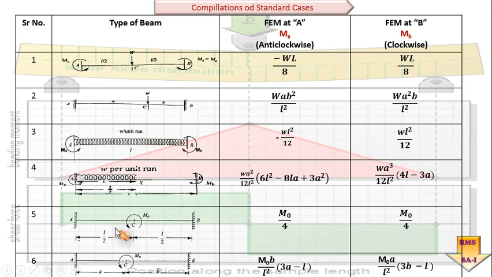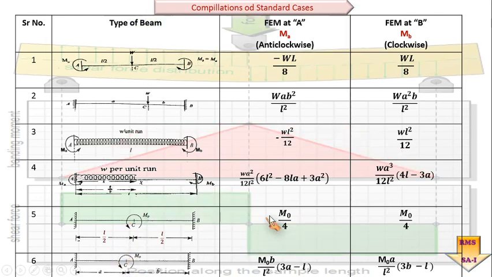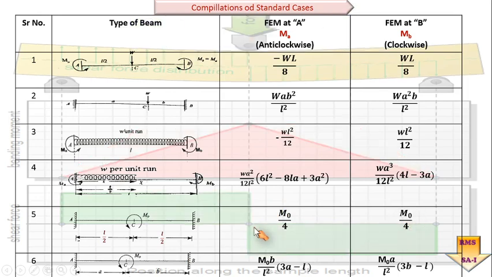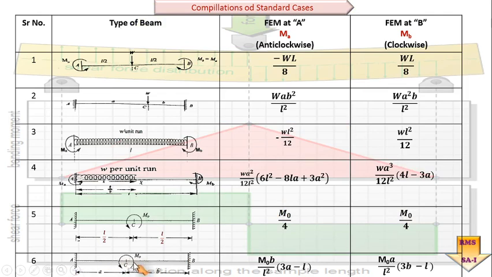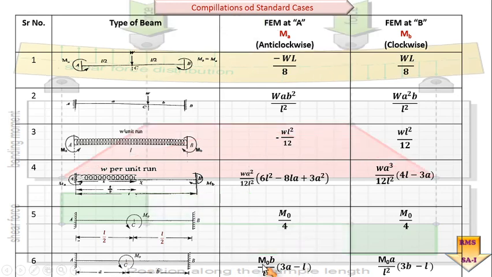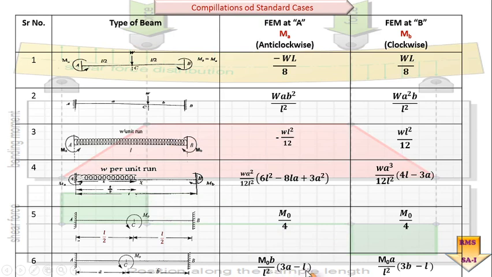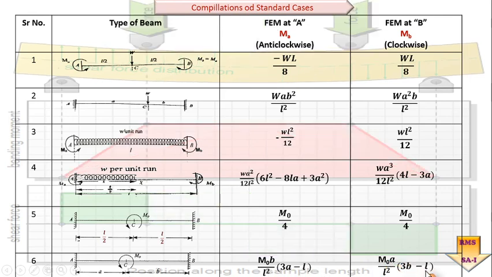Going ahead, the fifth case, which we have not taken into account, but by putting the value of A equal to L by 2, you will be getting M0 by 4 and M0 by 4 as the fixed moment at point A and at point B. And this particular case already we have seen as case 5, in which we have come to the conclusion that the fixed moment at point A is equal to M0 B by L square in the bracket 3A minus L, whereas the fixed moment at point B will be equal to M0 A by L square, 3B minus L.